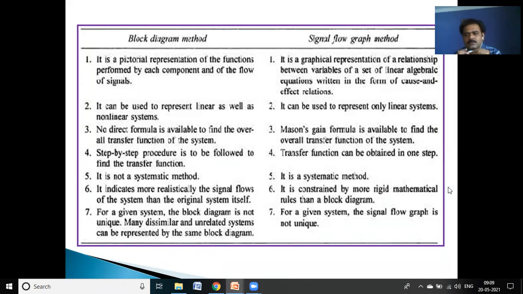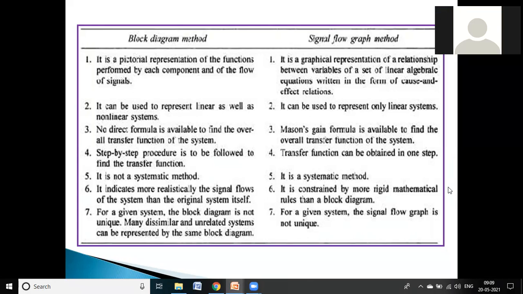Input multiplied with transfer function, you will get output, that is in linear fashion. Gain is always a linear quantity. So output is equal to input multiplied with gain. Whereas in block diagram, we can represent nonlinear quantities also.